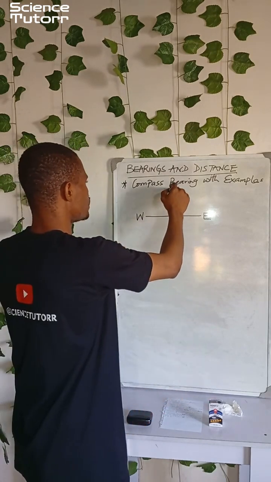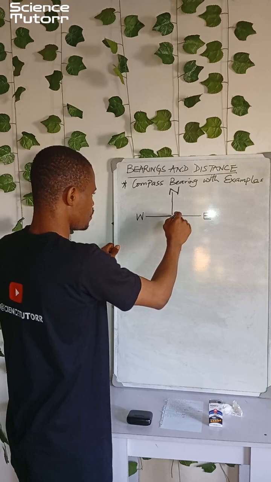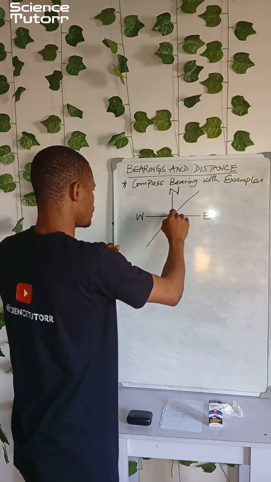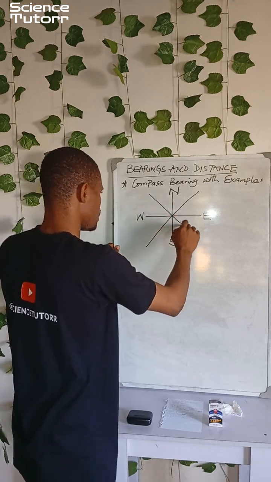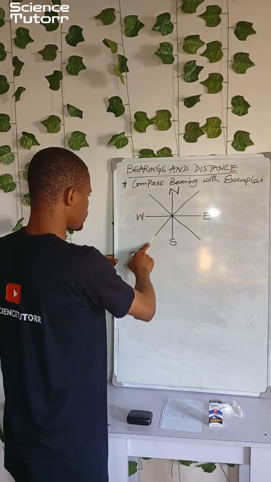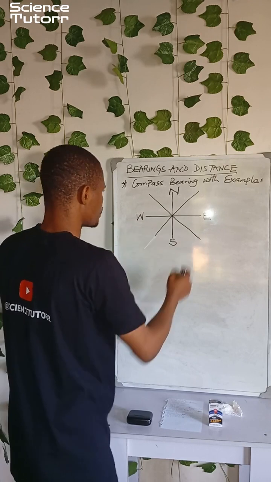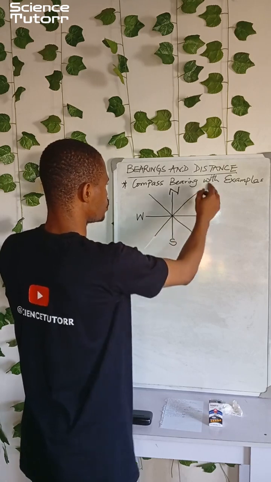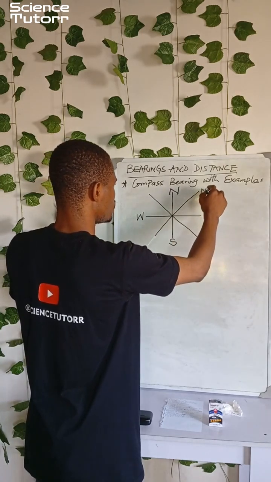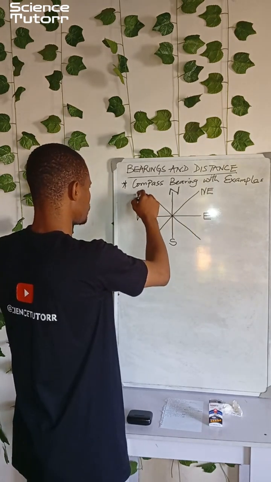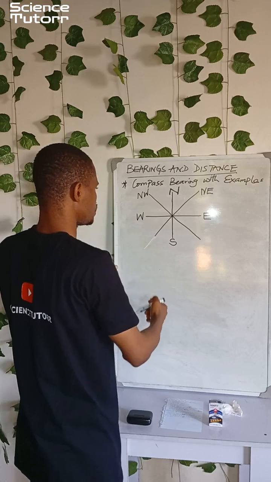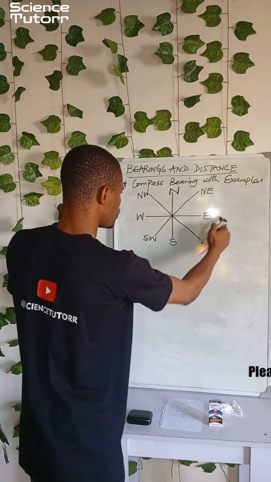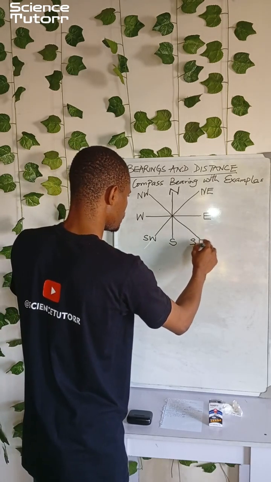Now, beyond this, if I sketch a line on this side and on this side, this way and this way, I have something. Now, this is north, this is east. So in between the north and the east, I'm going to have what I call northeast. Northwest on this side, in between north and west. Southwest on this side, and then southeast on this side, SE.